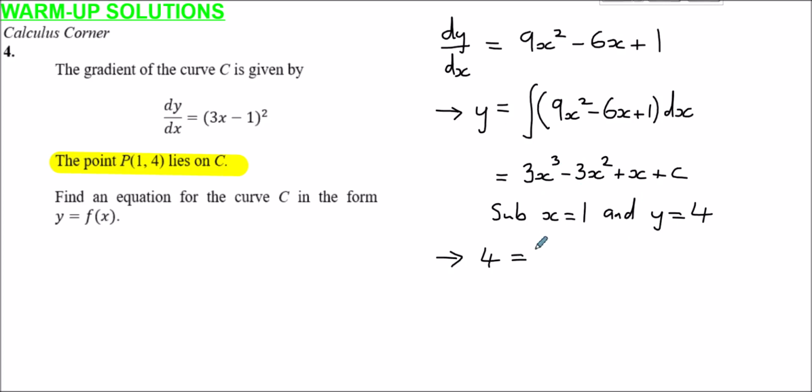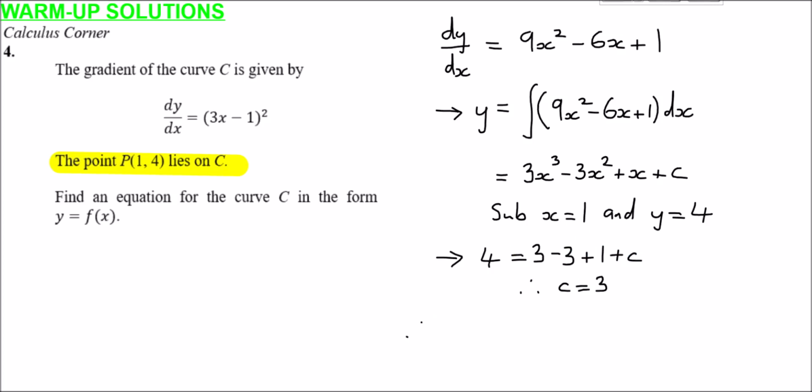So 3 times 1 cubed is 3, minus 3x squared. So minus 3 times 1 squared, that's minus 3. And plus x, so plus 1. And plus c. Therefore, 3 minus 3 plus 1 just gives us 1. 1 plus 3 gives us 4, so c must be equal to 3.